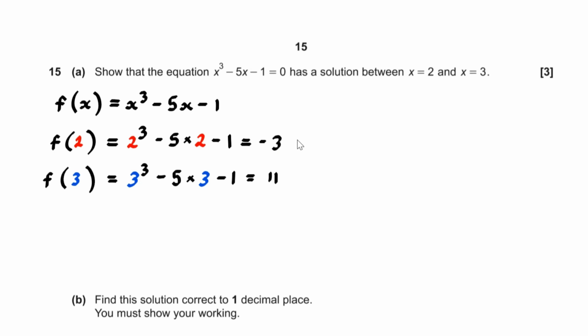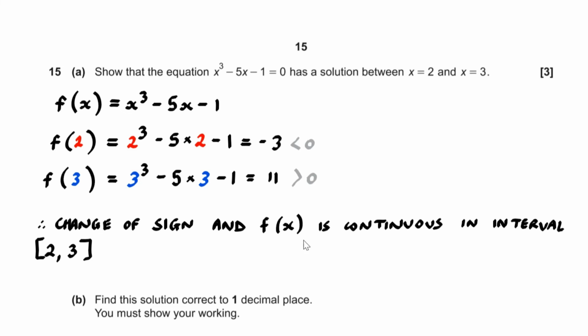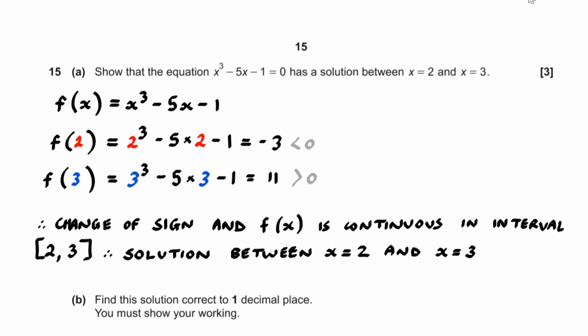We have a result which is less than 0, we have a result which is greater than 0, and therefore what we can see then is we have a change of sign, and f of x is continuous in the interval 2 to 3. So we have a solution between x equals 2 and x equals 3.